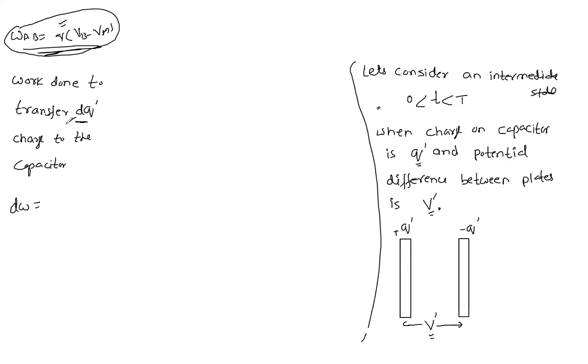Now I need answer of each one of you. Afroza, you are wrong. Fatma, what is the work done in carrying dq prime charge to the plates of capacitor when potential difference between the plates is V prime? You can refer this formula. Fatma. R? Why R?